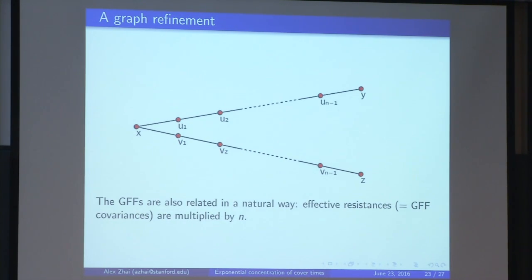And then Gaussian free fields are also related in a natural way, because if I replace a single resistor by n resistors in series, that just multiplies all the resistances by n. So again, the Gaussian free field values eta x, eta y, eta z are going to be more or less the same, except there's rescaling involved.